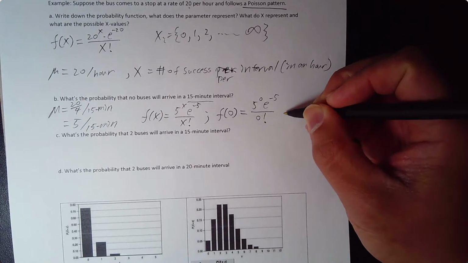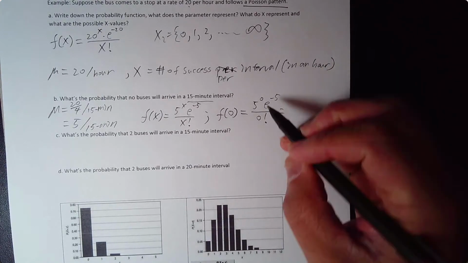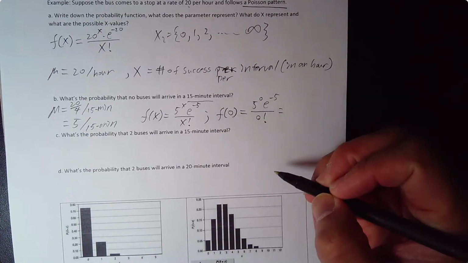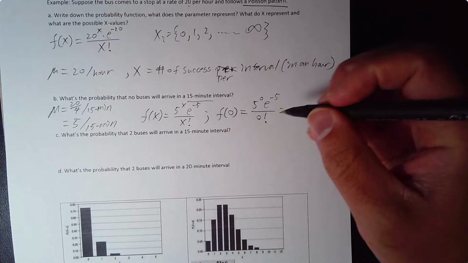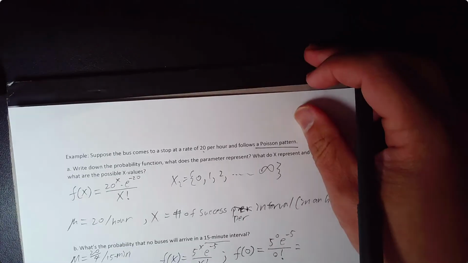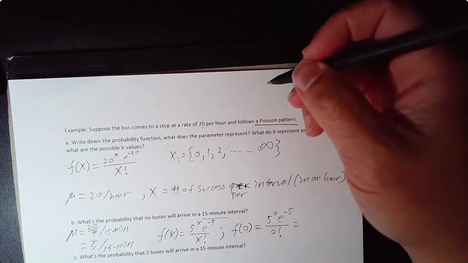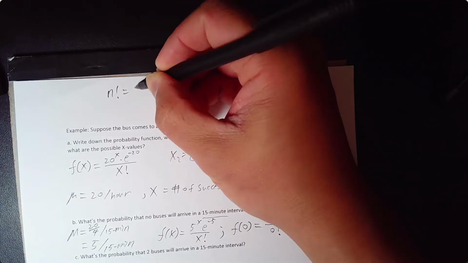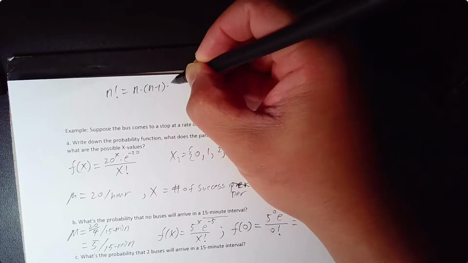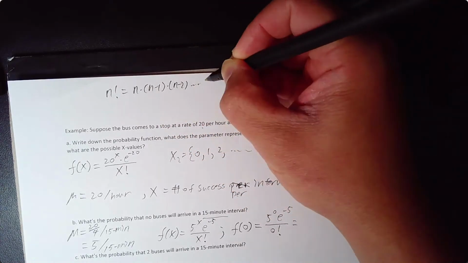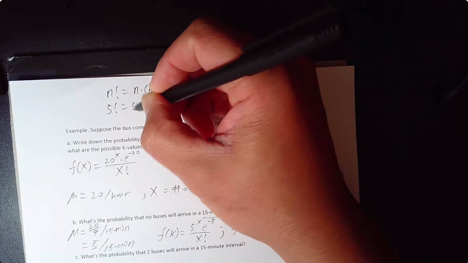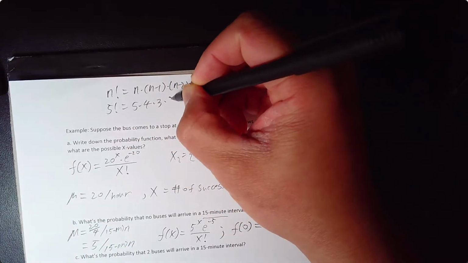You can put that in the calculator, but let's think it through. 5 to the 0 is just 1. 0 factorial is also 1. So remember your factorials. Let me give a quick review. n factorial equals n times n minus 1 times n minus 2 all the way down to 1. For example, 5 factorial is 5 times 4 times 3 times 2 times 1.